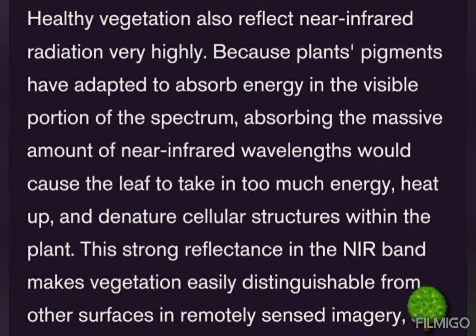Because plants' pigments have adapted to absorb energy in the visible portion of the spectrum, absorbing a massive amount of near infrared wavelengths would cause the leaf to take in too much energy, heat up, and denature cellular structures within the plant. The strong reflectance in the NIR band makes vegetation easily distinguishable from other surfaces in remotely sensed imagery.